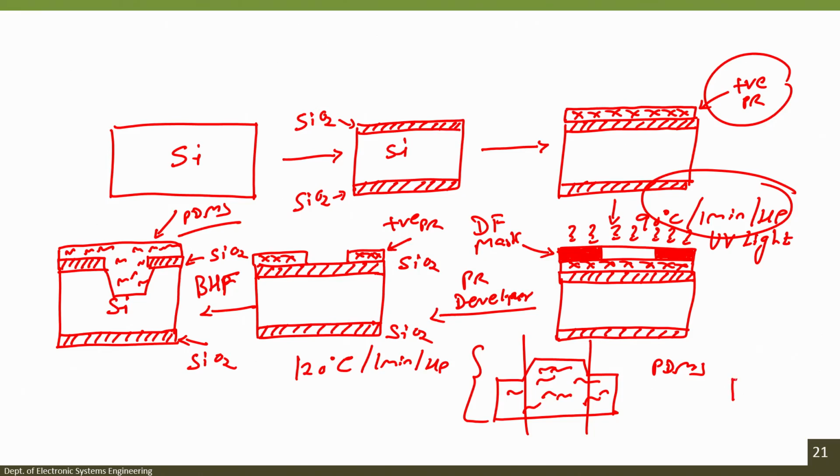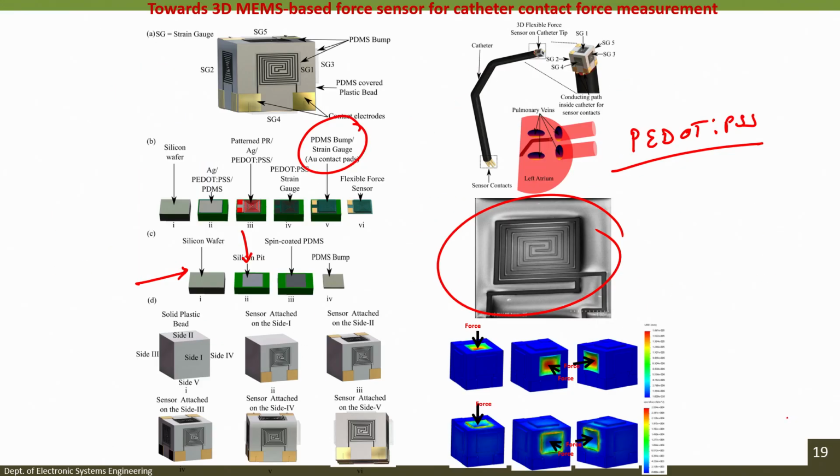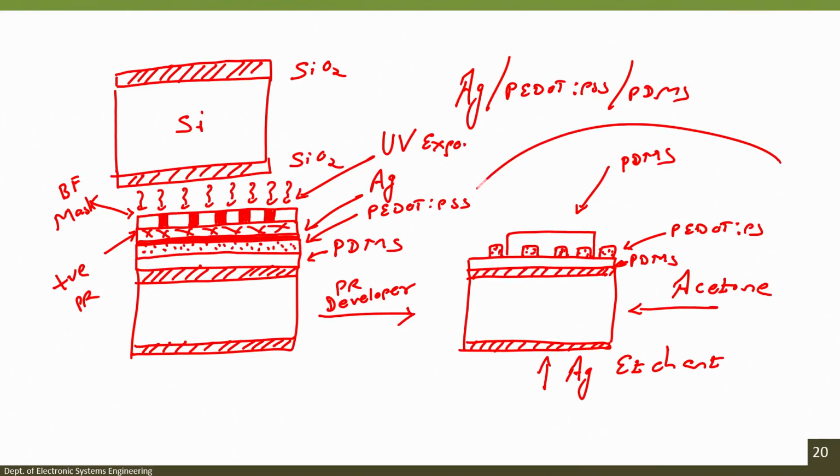I have a PDMS bump. Okay. This PDMS bump I have to attach on a strain gauge. I have to stick it on strain gauge, right.